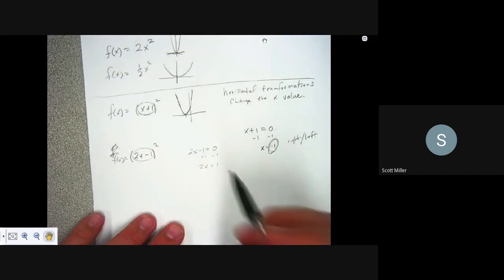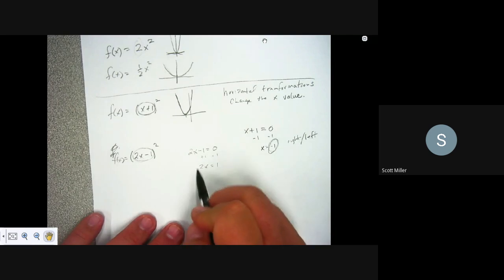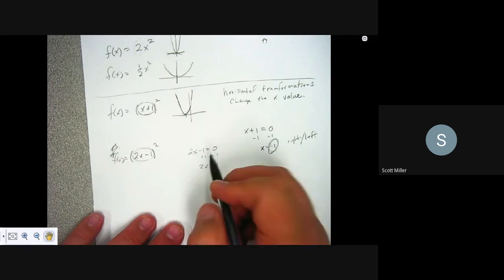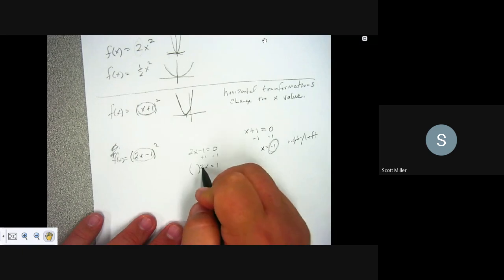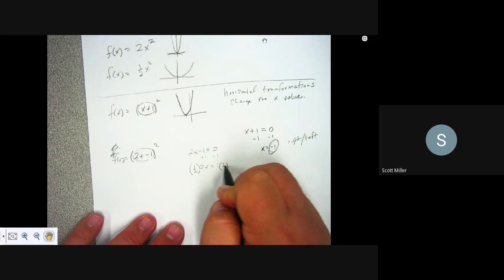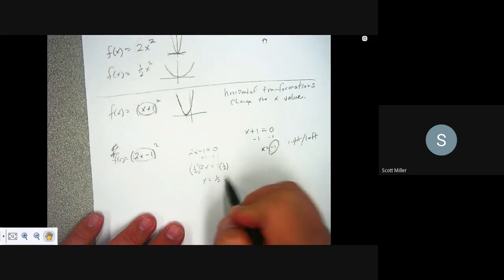Why? Because again, the question, how do I get back to the x? How do I undo that times 2? Well, I have to divide. But instead of thinking divide, think multiplication. And you just flip that number over. If I multiply both sides by 1/2, I have the x equals again. And we'll need this right here.